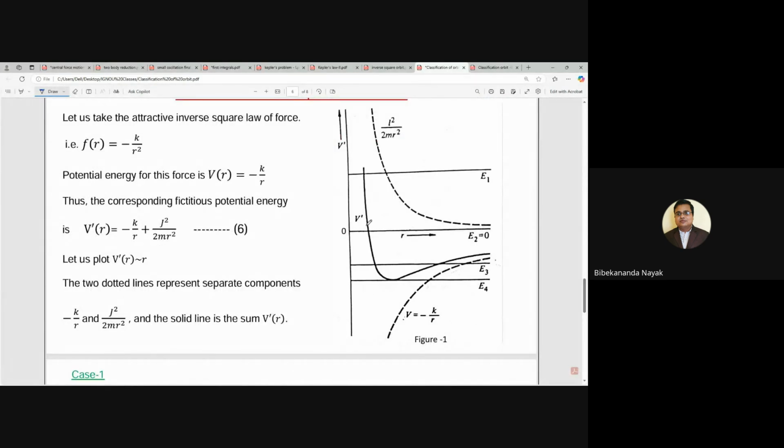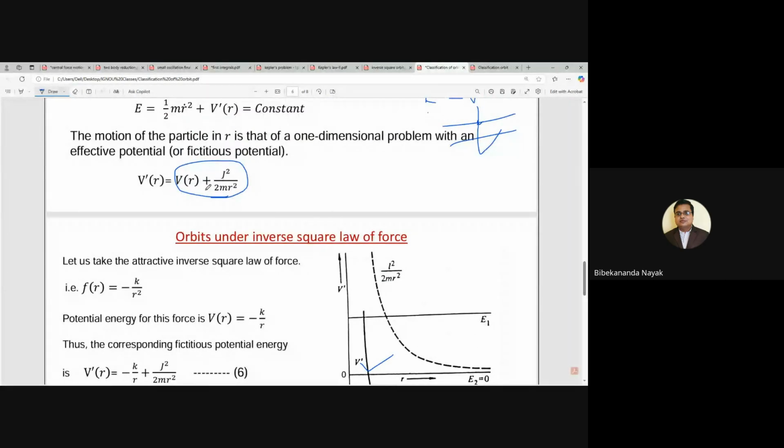Actually, this is the plot of V prime. V prime has two parts. One is V(R) plus J square by 2mr square. For particularly Kepler's problem, means motion of the planets around the sun, V(R) is equal to how much? Minus K by R. Is not it?